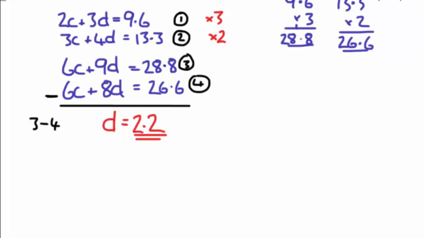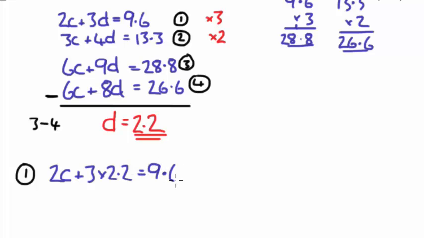But we've still to work out what C is, so if we have a wee look back at equation 1, we can say you've got 2C plus 3 times 2.2 equals 9.6. So 3 times 2.2 is 6.6. That should be plus, equals 9.6.